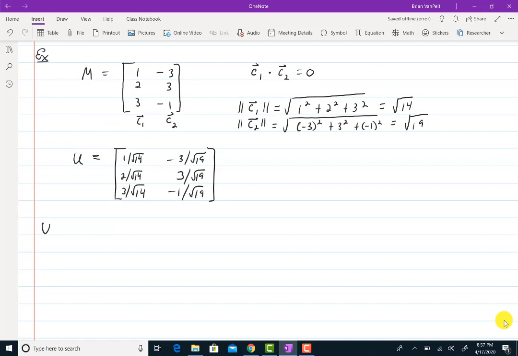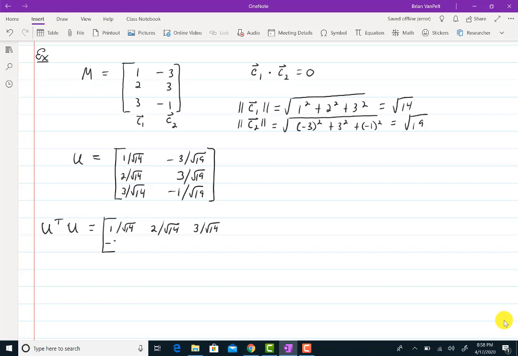Let me then do U transpose times U. So U transpose will be a 2 by 3, and the first row will be 1 divided by the square root of 14, 2 divided by the square root of 14, 3 divided by the square root of 14.